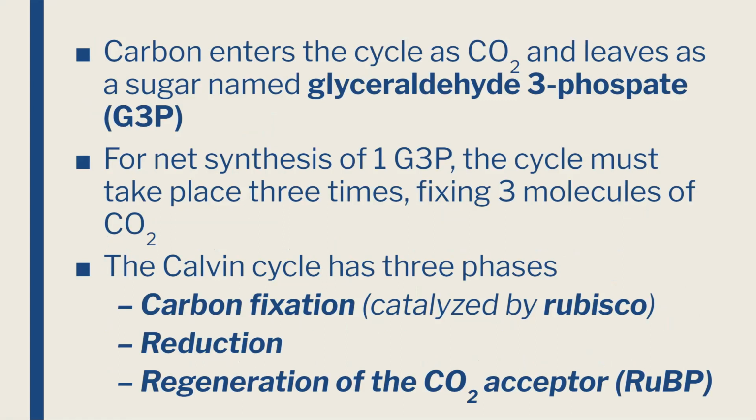So photosynthesis doesn't exactly make glucose. It makes G3P, which is then used to make glucose. So the G3P is what comes out. Carbon dioxide is what goes in, and carbon fixation is the process of converting carbon dioxide into G3P.